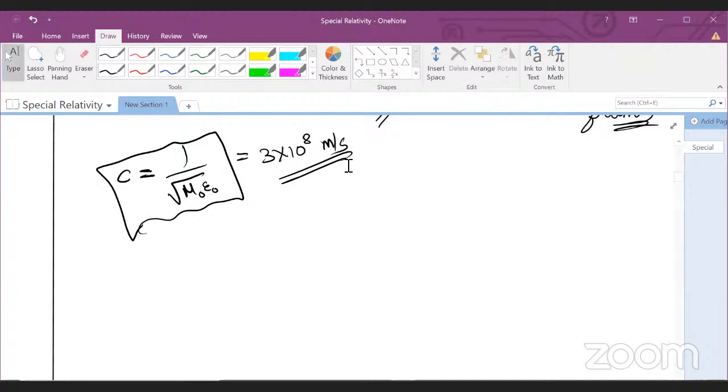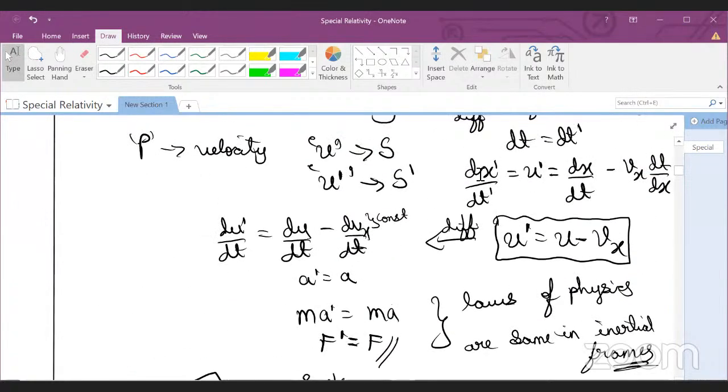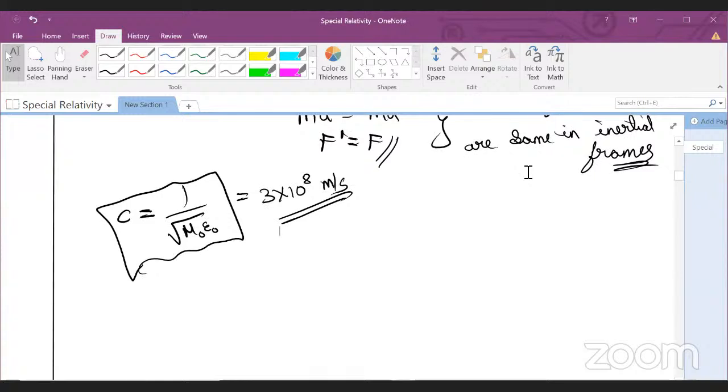But according to Galilean relativity, the speed of light was changing. For example, consider a person here showing a torch like this. So light is moving like this, right?